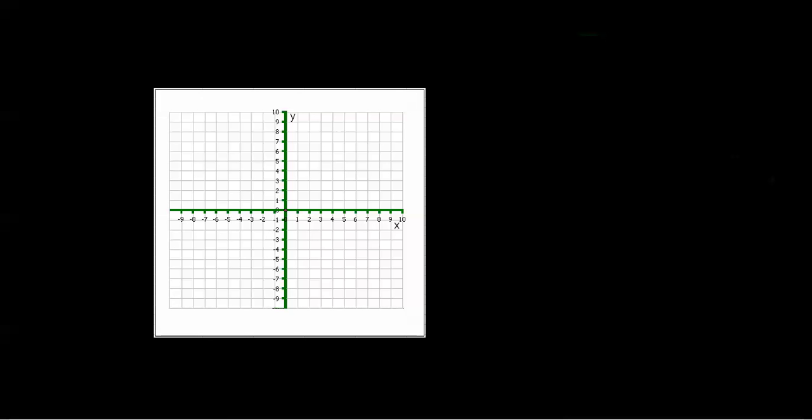Now we're going to look at an example of this, finding the midpoint on a coordinate plane. Here we have the segment EF, which has endpoint E at (7, 5) and point F at (2, negative 4). And we want to find the coordinates of its midpoint M. So again, we're going to start with the x-coordinate, and we want to do (x1 plus x2) divided by 2.